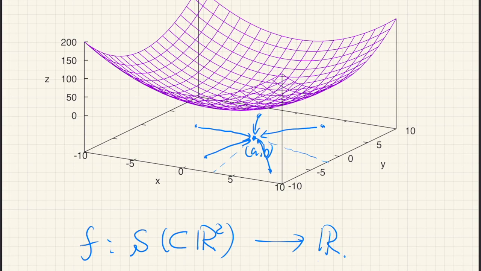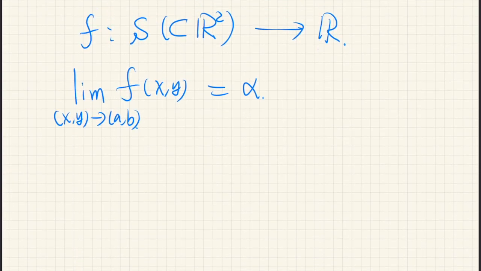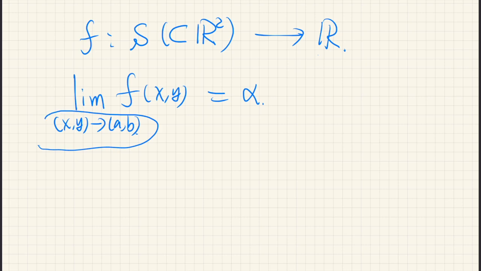So what do we exactly mean by this? So x, y approaches a, b, then the value of f of x, y approaches alpha. So this is the intuitive meaning of limits, but we want to define this more precisely. So how can we do that?